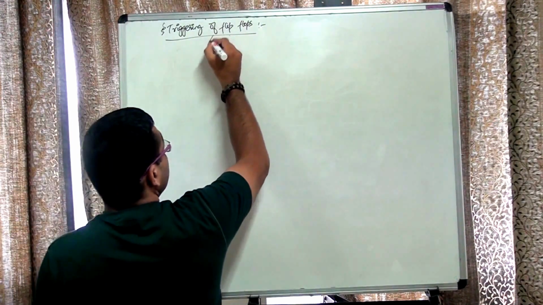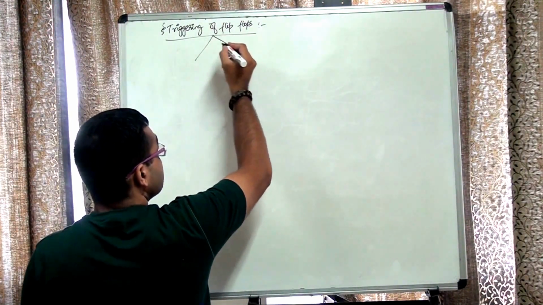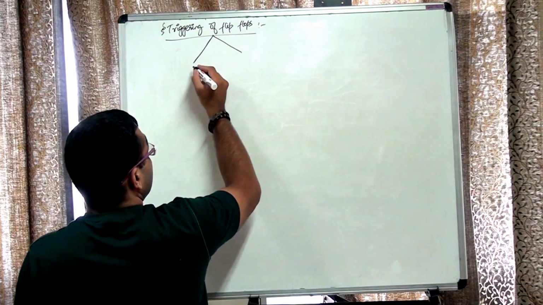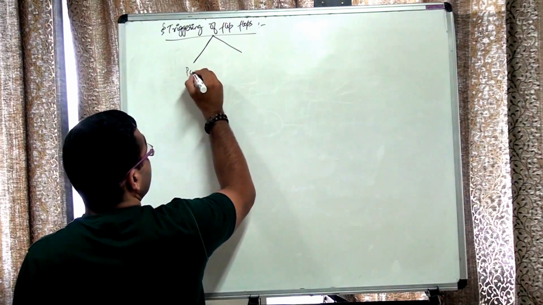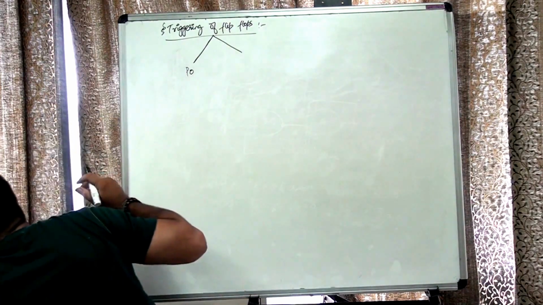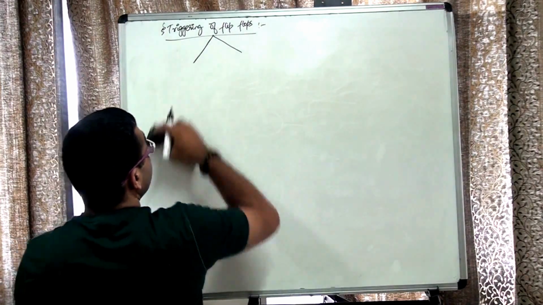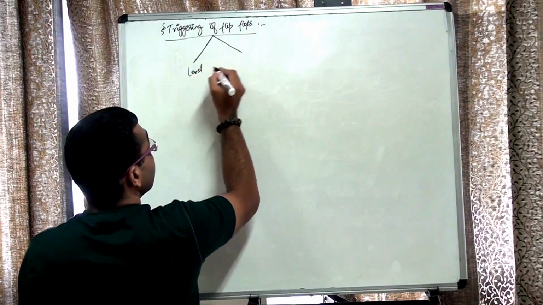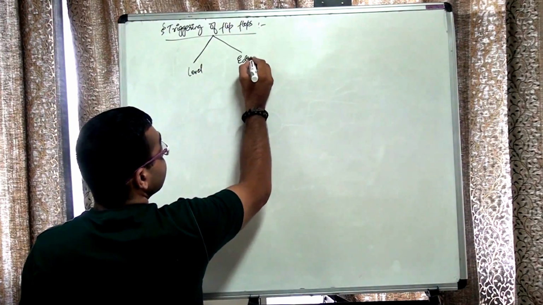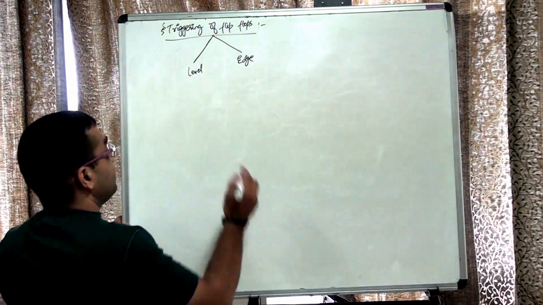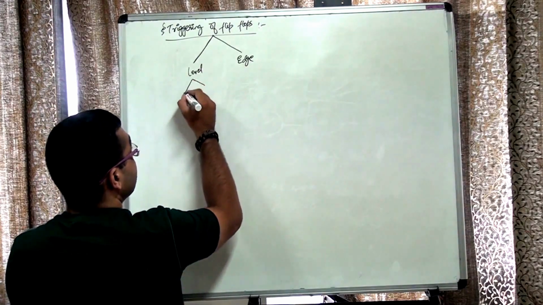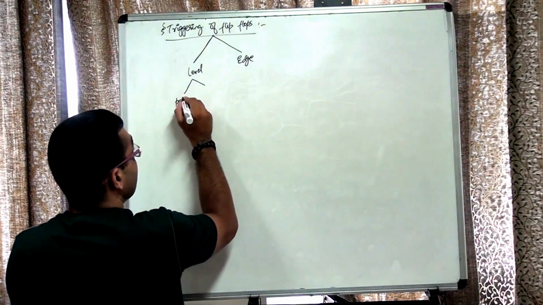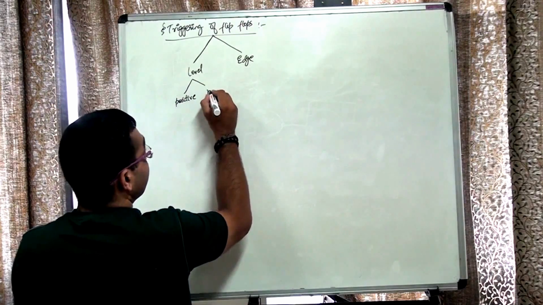Triggering can be of two types. First of all, I will categorize this as either level triggered or edge triggered. Okay, and level and edge are further classified as positive or negative.